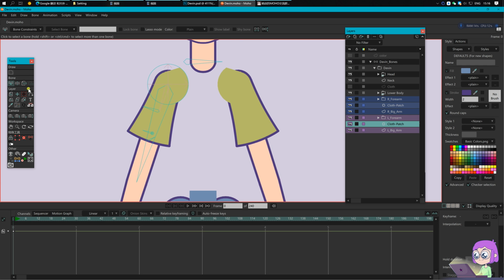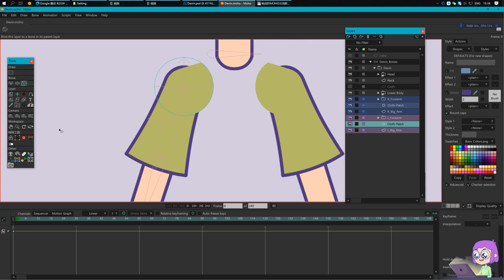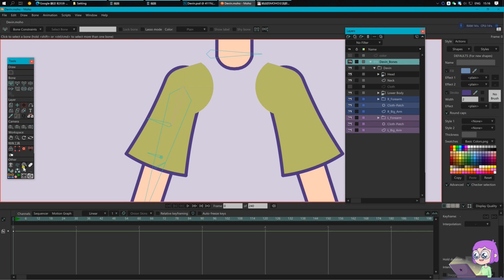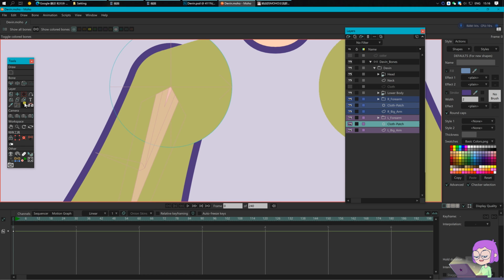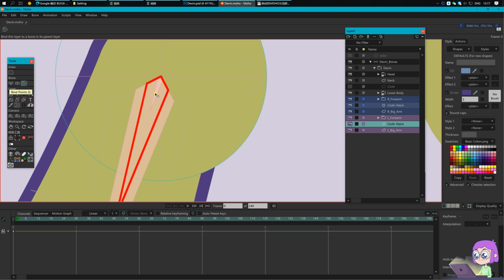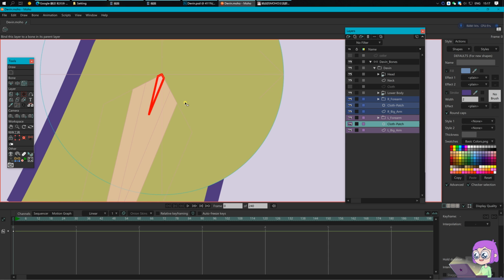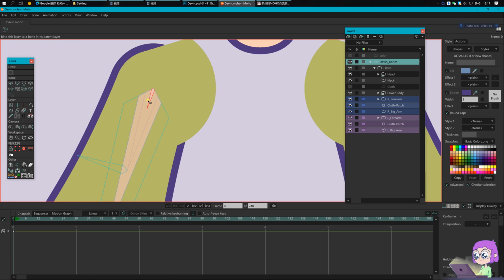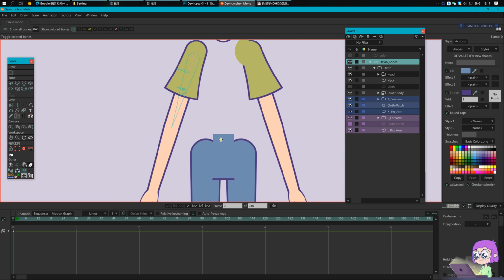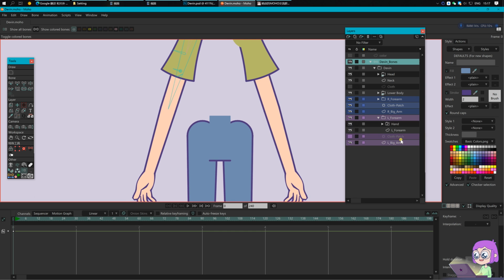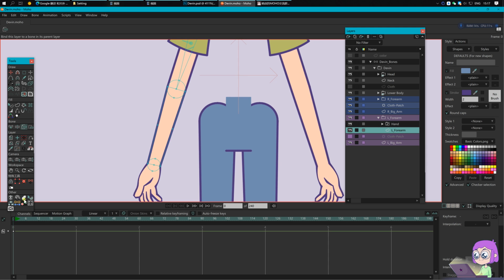The patch layer is bound to the bone of the shoulder. Next, I set a bone of the forearm.